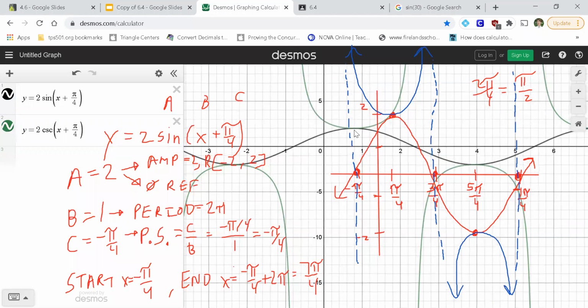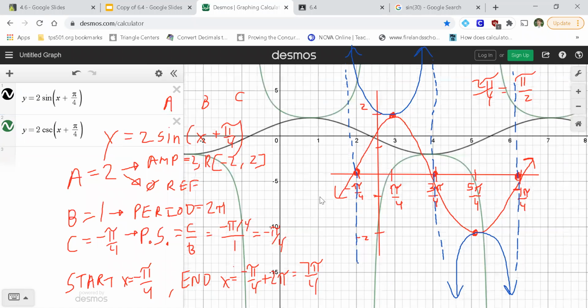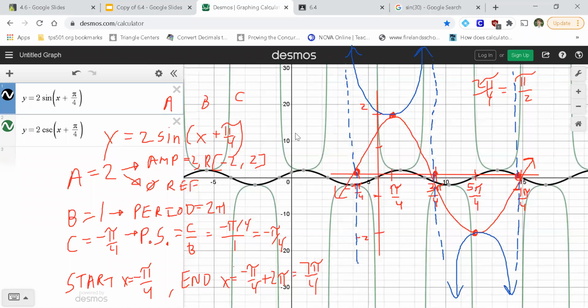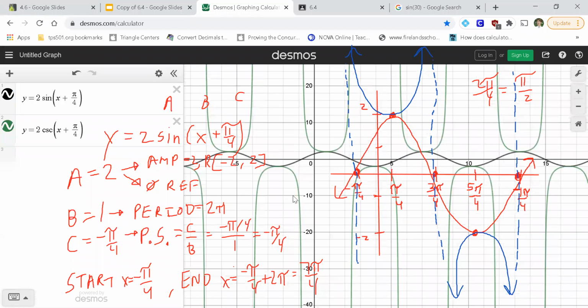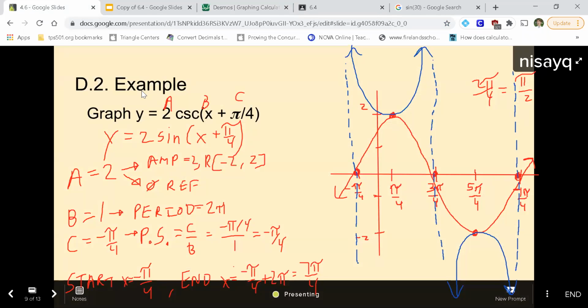So we really did have max and min points at pi over 4, 2 and 5 pi over 4, -2. Notice that they don't have the asymptotes in here, but if you, again, draw them in yourself, you could check and make sure.